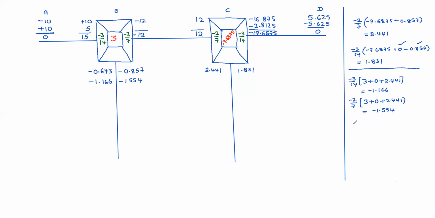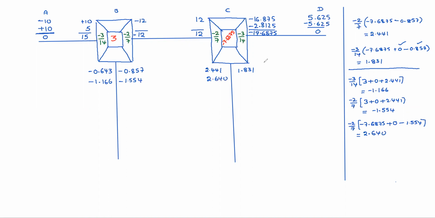Now, at joint C. For CB we are calculating: minus 2 by 7 multiplied by minus 7.6875, the sum of the fixed moments, plus the near end contribution from D support, nothing, 0, and from B support minus 1.554. The latest value you need to take, which gives 2.640.